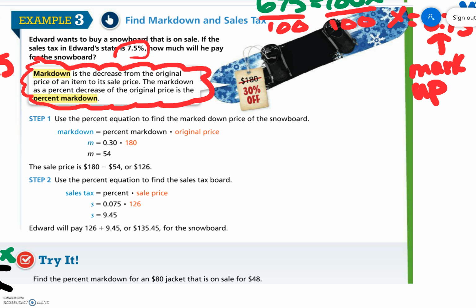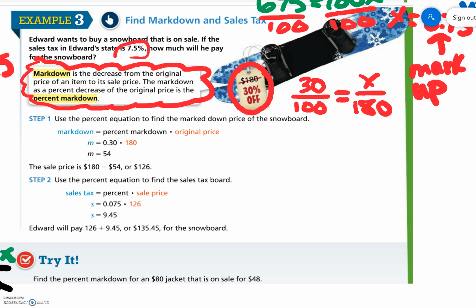So the first thing we need to do is find out what the price is now that it's 30% off. So I know my 30% goes over 100. And I know my original price was 180, so that goes on the denominator. Going to cross multiply. 30 times 180 equals 5,400.